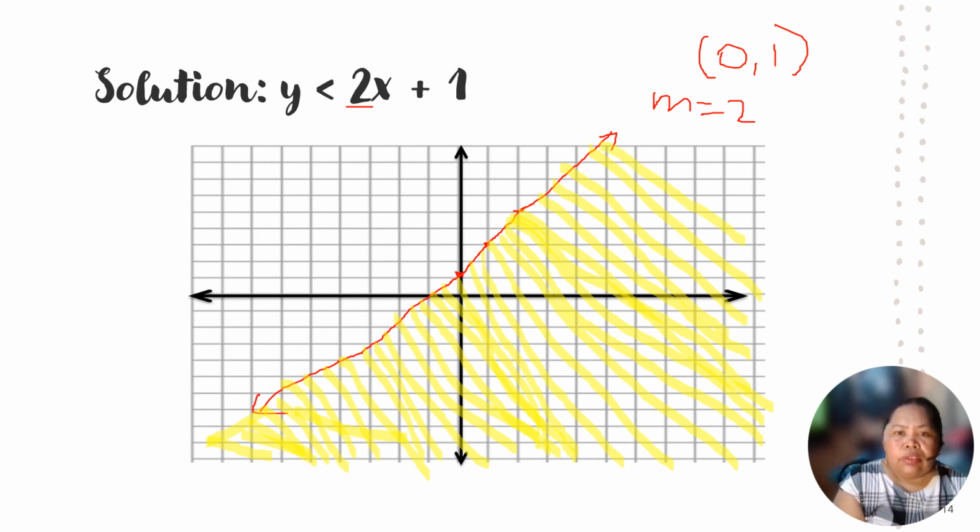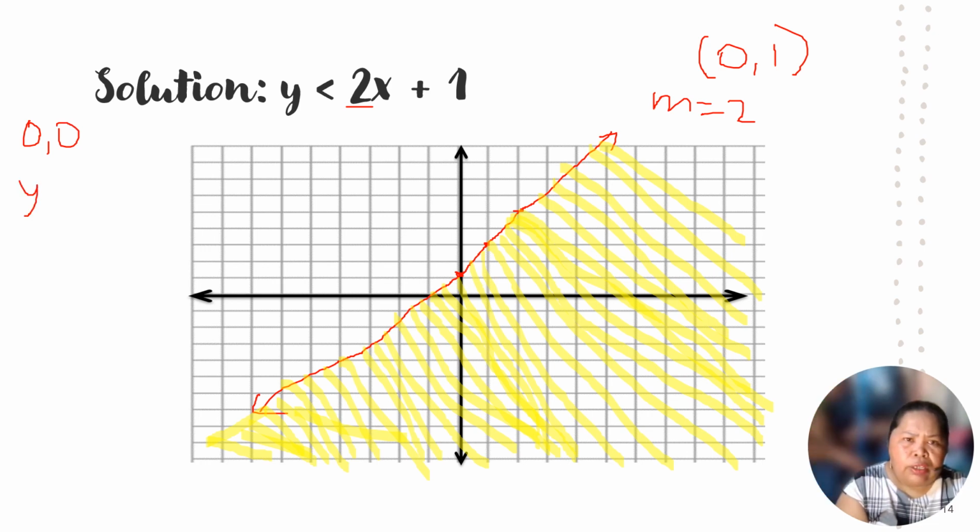Okay, so I hope you understand now. I hope you learned from this activity. Now, if you really need to test if it's correct, from our previous notes, we can use 0, 0.